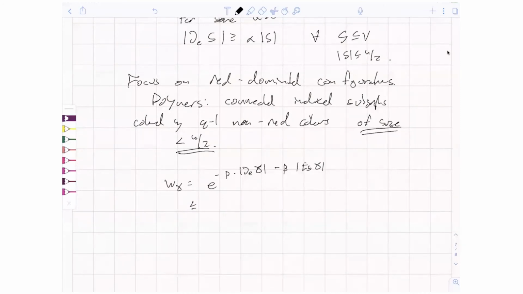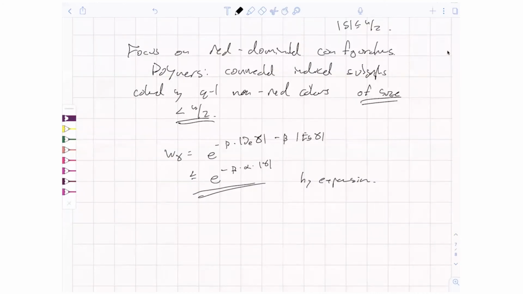So to check convergence, we want these weights to be small. We already know this is at most e to the minus beta times alpha times the size of gamma, by expansion. And we can ignore the other term in the exponent because that only helps us get it smaller. Okay, so we have a nice bound on the weight functions.